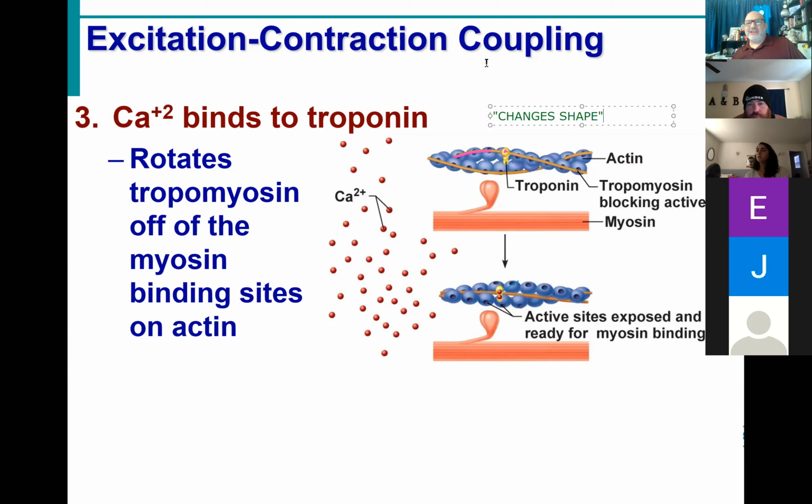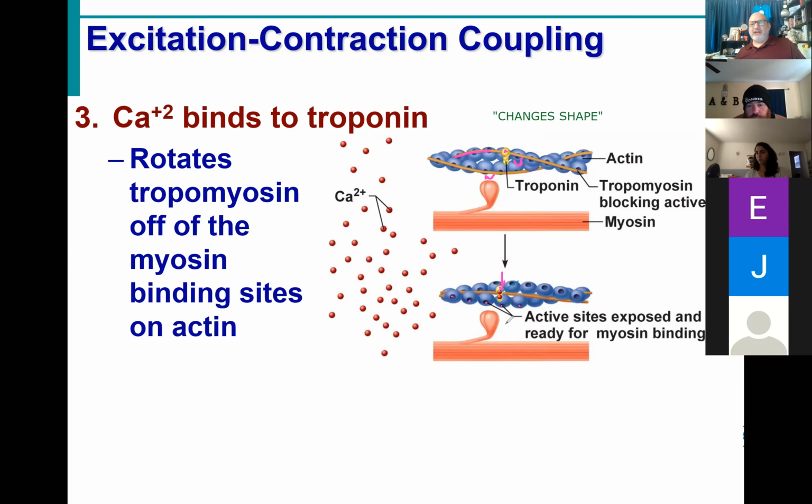And notice when it changes shape, it basically rotates. This one happened to rotate in this direction, so rotated down, the other one rotated around that side. And now our binding sites are open.